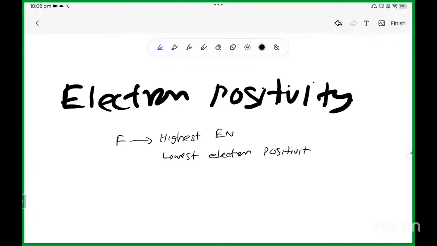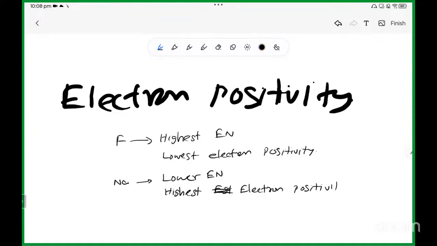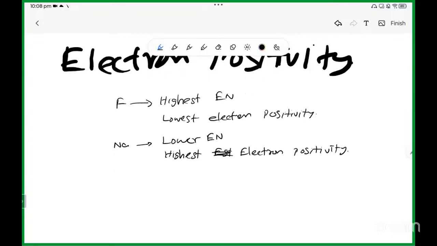And let's say an element like sodium. Sodium has low electronegativity, and it has the highest electropositivity.